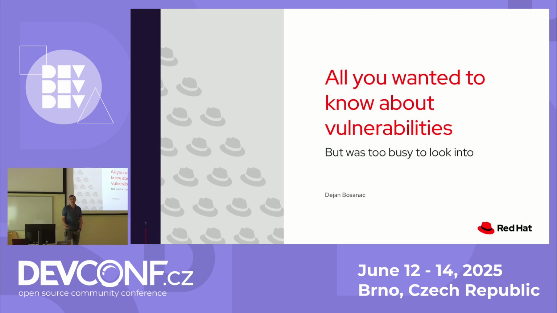There will be a lot of acronyms, and we will explain what things are, and hopefully, next time you are forced to look at some CVE because something is going on, it will be easier for you to read that data to figure out what exactly this means for me and how to proceed.